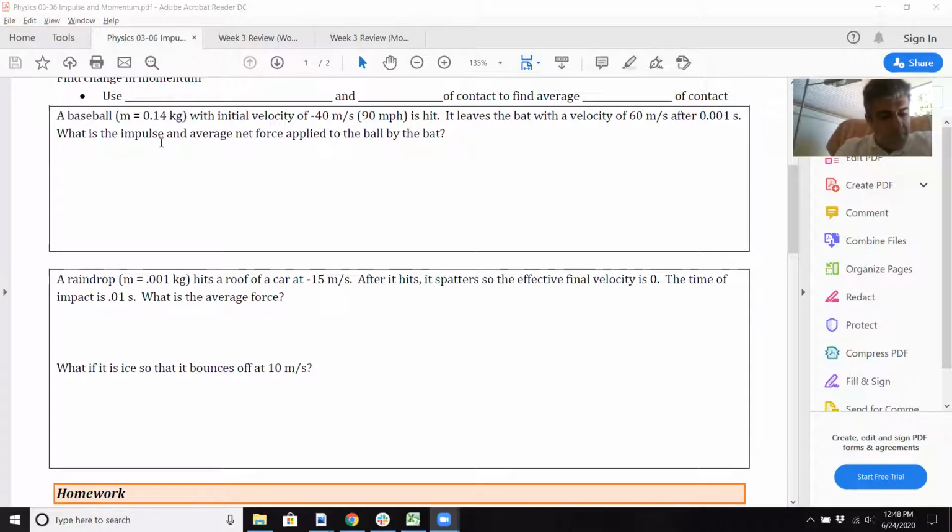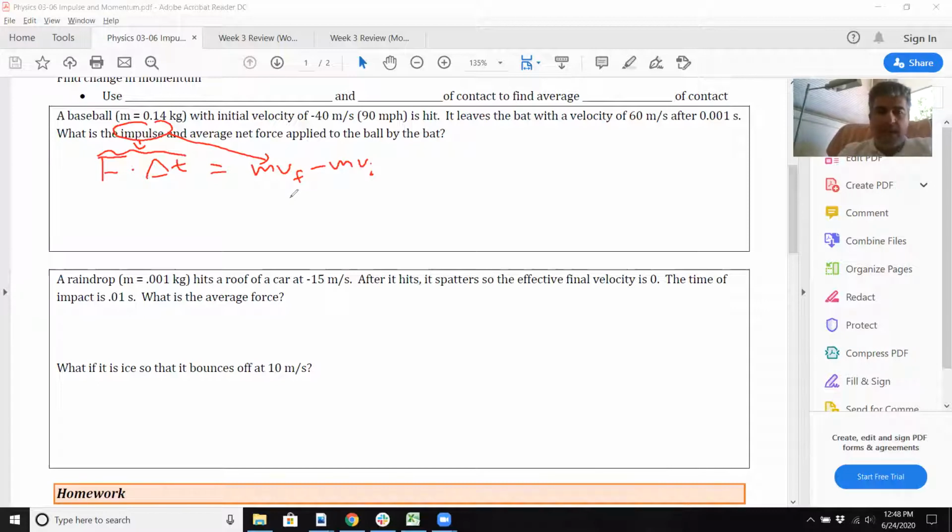So we'll use this formula, F times delta T. That's impulse. Also, it's this as well. So impulse can be measured in both kind of fashions. So in order to calculate the impulse, and we can call it like I or J, I don't really care what letter you use.